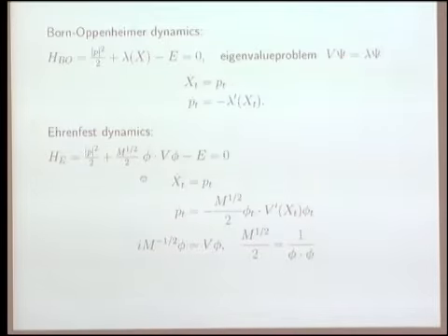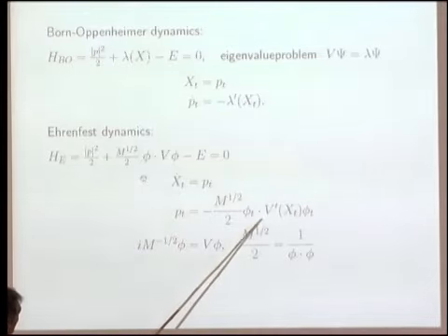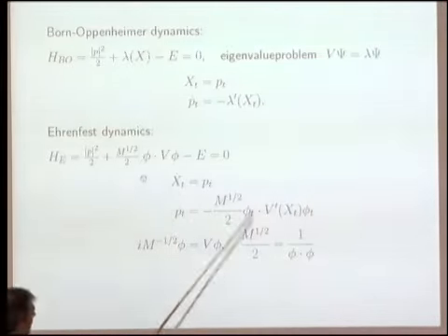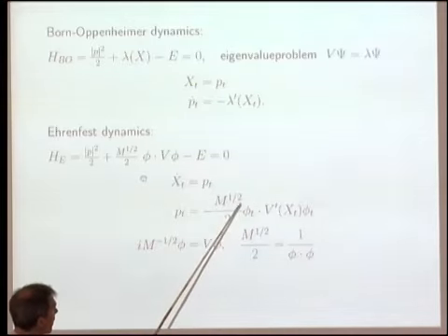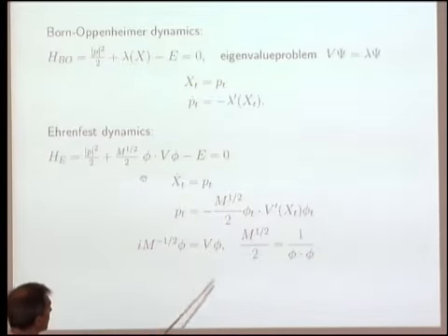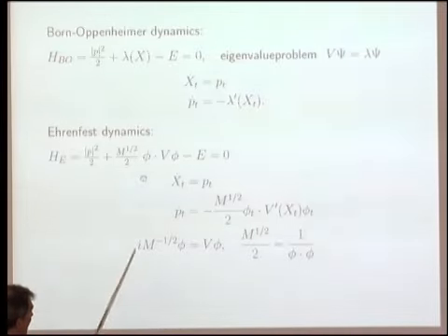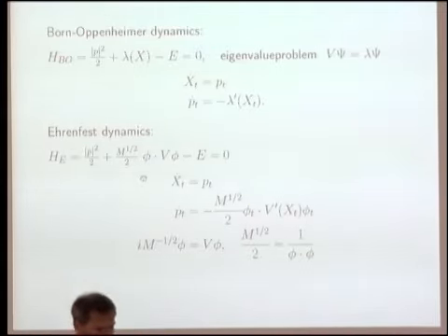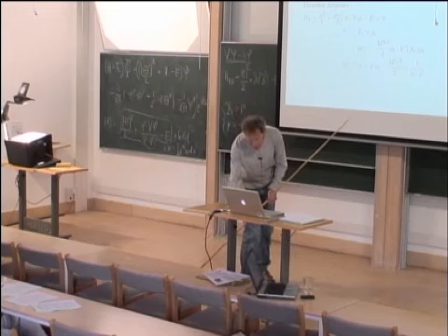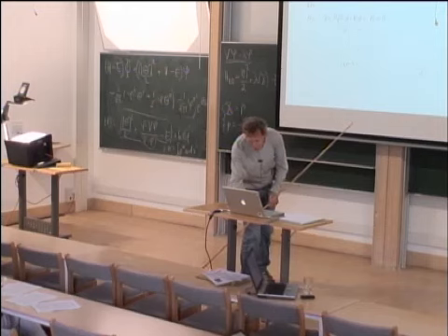So it's a normalized wave function. What you have here will generate a normalized eigenfunction with this factor, and since this is linear, you can just multiply with any factor here. Okay, I will come back to Ehrenfest dynamics later, so I don't write it now.